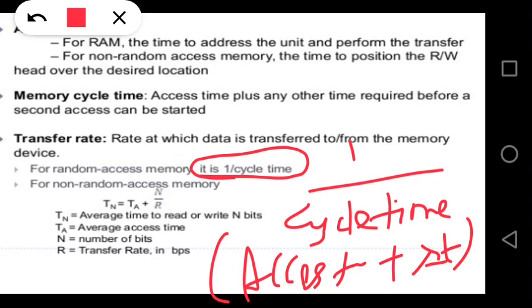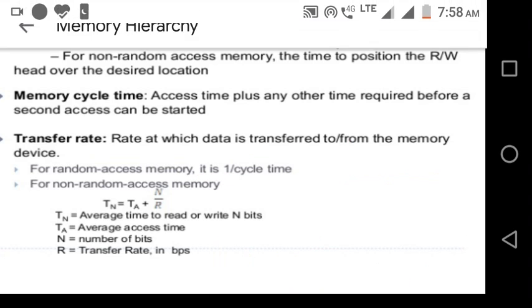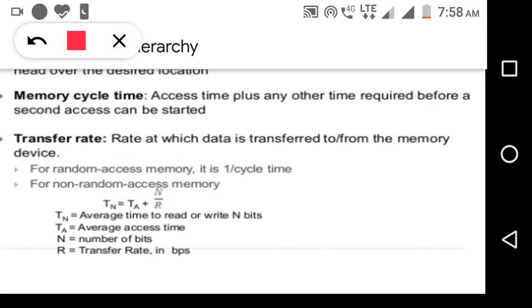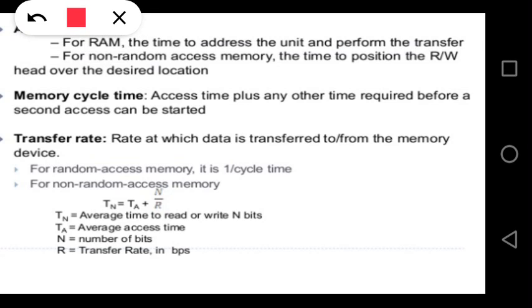For non-random access memory, because we have a read-write head to perform read and write operations, the formula is Tn equals Ta plus n by r. Tn is the average time to read or write n bits.